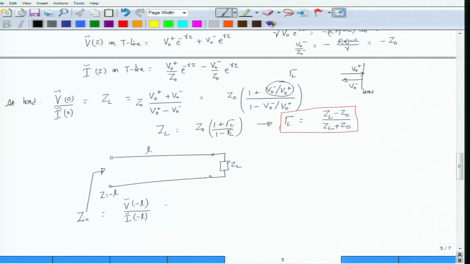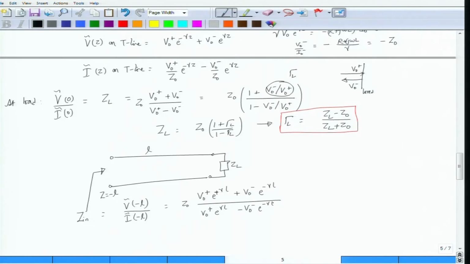Now, using the expressions for voltage and current on the transmission line, substitute z equal to minus L. What you get is V0 plus e^(minus gamma L) plus V0 minus, sorry, this becomes plus gamma L because you are substituting z equal to minus L, so V0 minus e^(gamma L)... and then you have, divided by V0 plus, there is a Z0 here, e^(gamma L) minus V0 minus e^(minus gamma L).